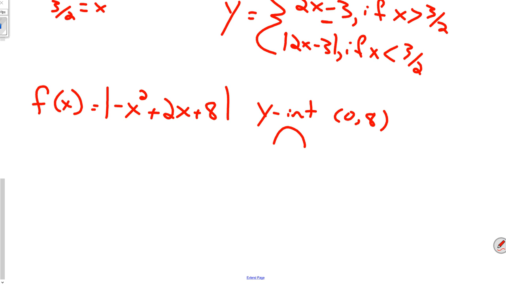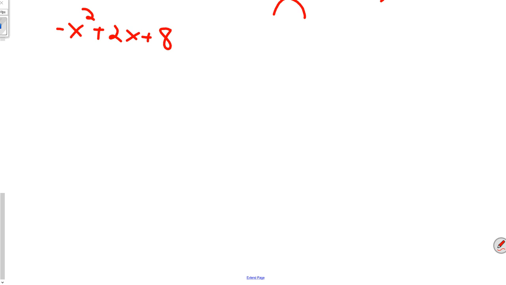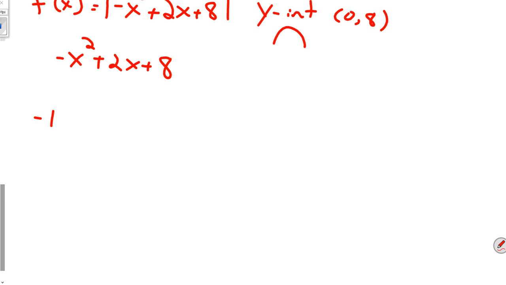So to do that, I just take the original function here, and I solve for the x-intercepts. One of two ways, quadratic equation or factoring. I'm an adult, so I'm going to factor. And then you take out the -1 and you can factor it quite easily.